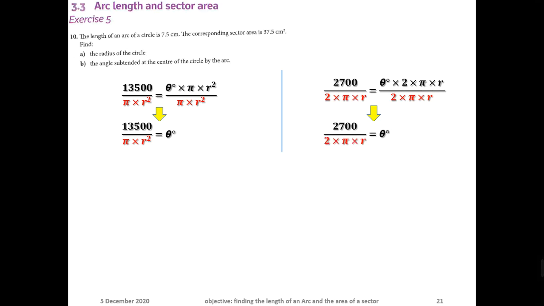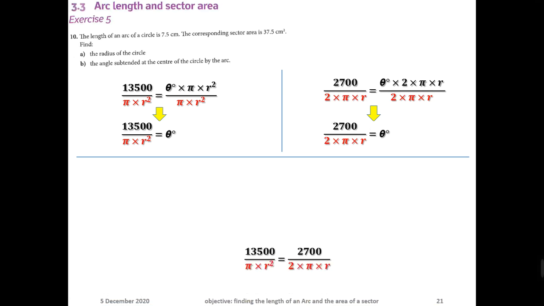We found the first expression from the area of the sector, and we found the second expression from the length of the arc of the sector. If we put the two expressions equal to each other, we're going to end up with one equation and one unknown, which is r.